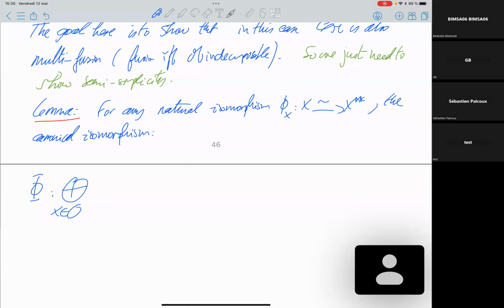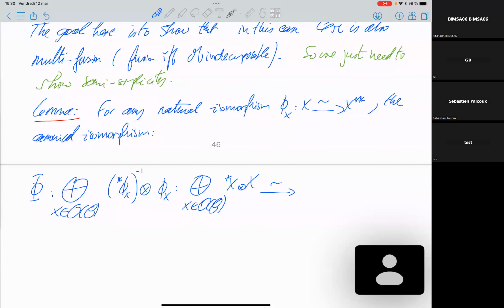So sum over the simple objects up to isomorphism. Let me write it like that: phi_X right dual inverse tensor phi_X.